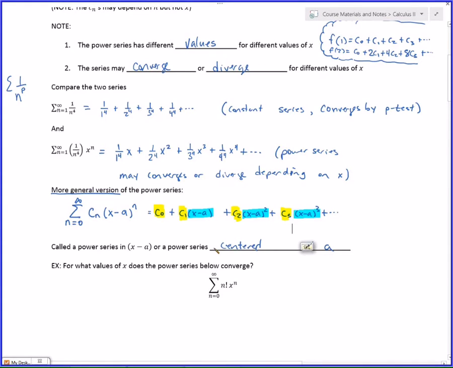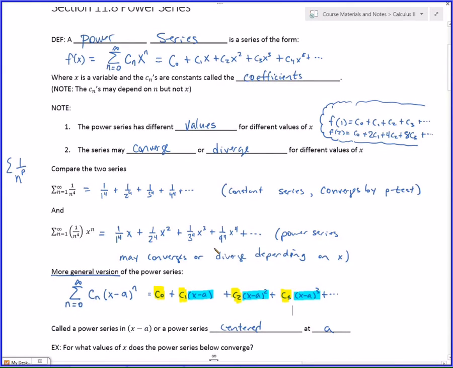Okay? So, whereas up here, in fact, you can see this is a special case of this, right? What value of a do I plug in to get this? Well, if a here is 0, in fact, I'm going to come back and draw a line up here.